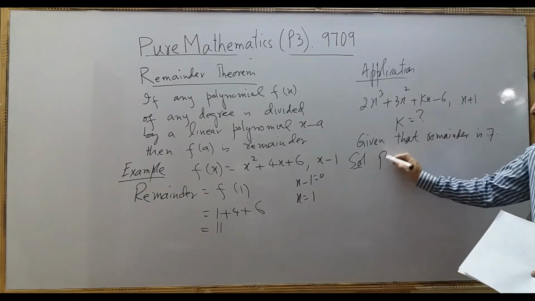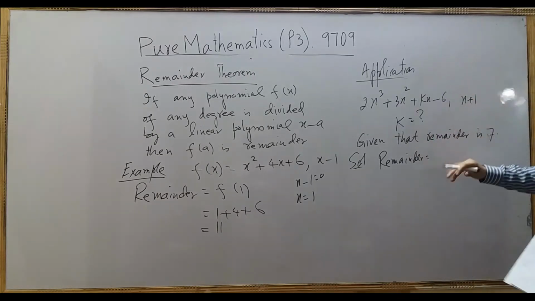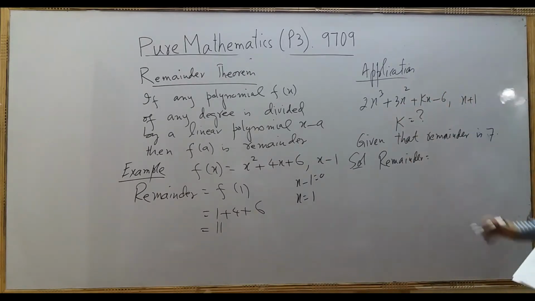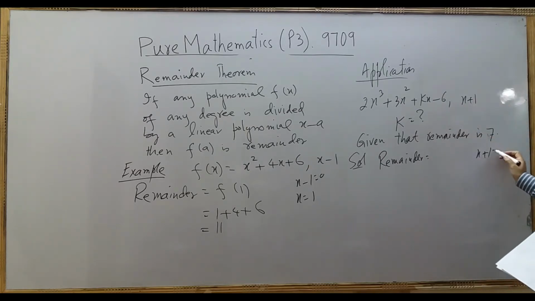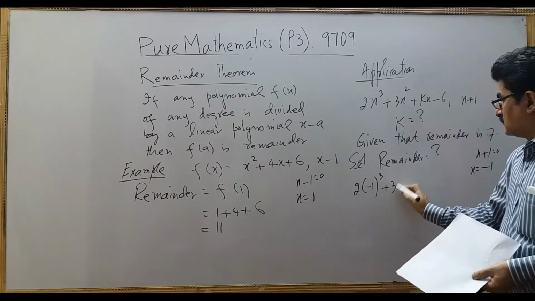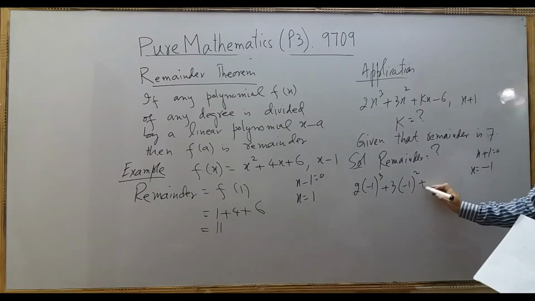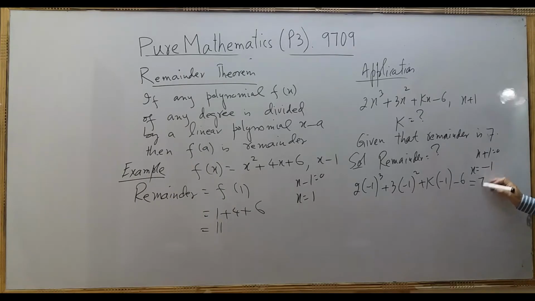What will be the solution to this problem? We know how we find the remainder without algebraic division, by applying the remainder theorem. We have x plus 1 equal to 0, x is equal to minus 1. Now the remainder is equal to 2 into minus 1 whole cube, plus 3 into minus 1 whole square, plus k into minus 1, minus 6. But this will be equal to 7.